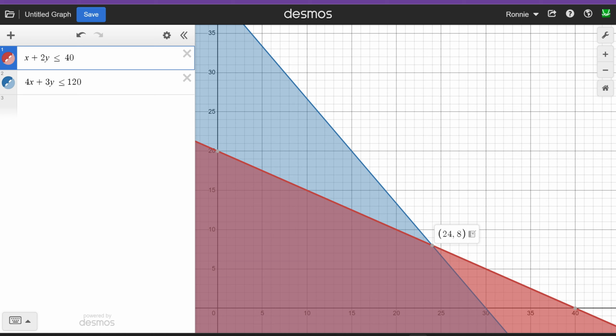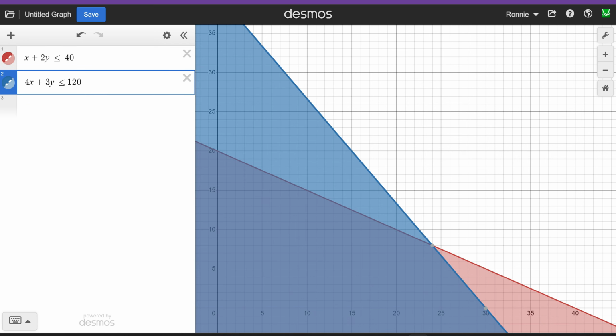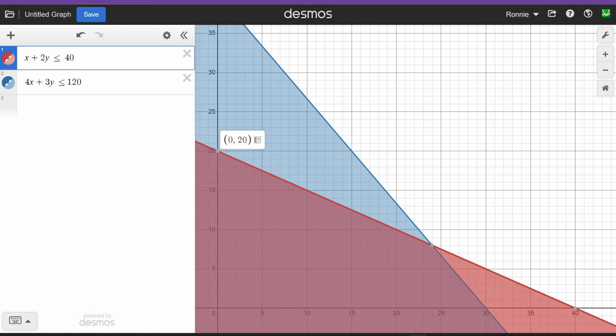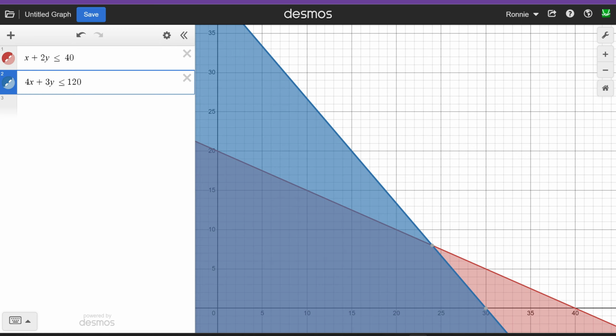X is 24, y is 8. And then the next one right here is 30, 0. X is 30, y is 0. So make sure we've written those down: 0, 20, 24, 8, and 30, 0.